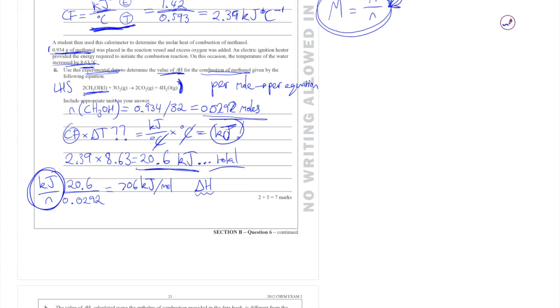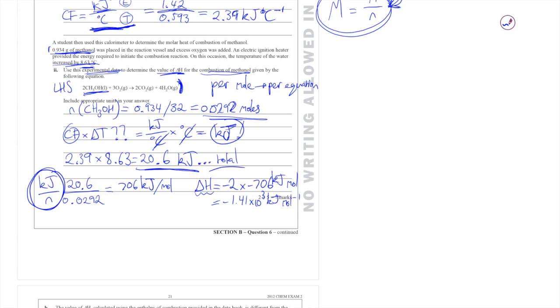So ΔH is equal to simply 2 times the value we just got of -706 kilojoules per mole. And that's going to get us -1.41 × 10^3 kilojoules per mole to the -1.